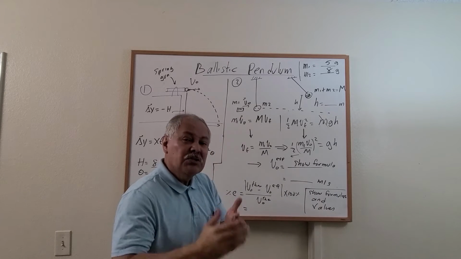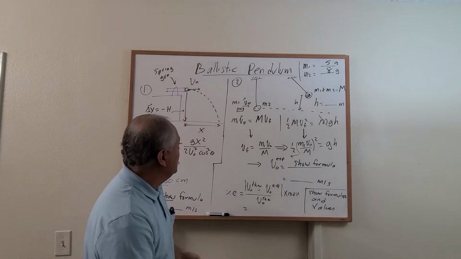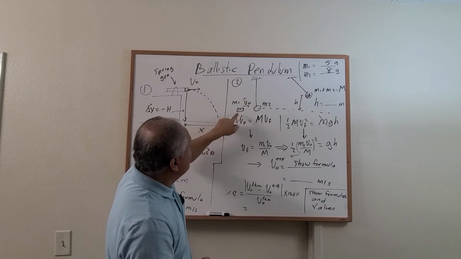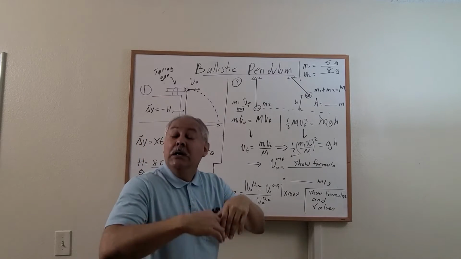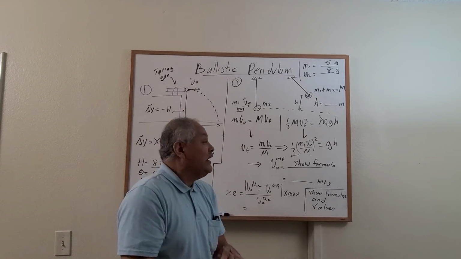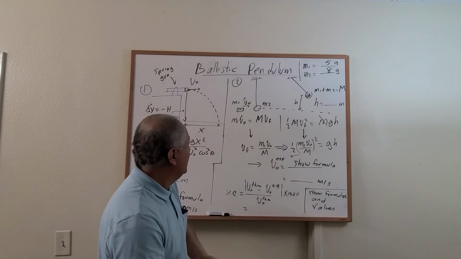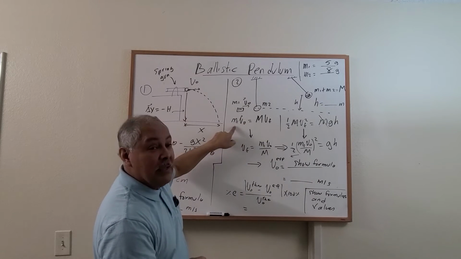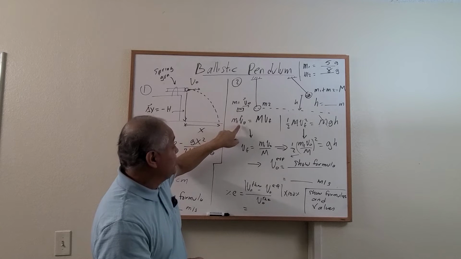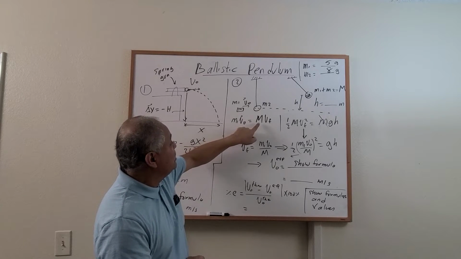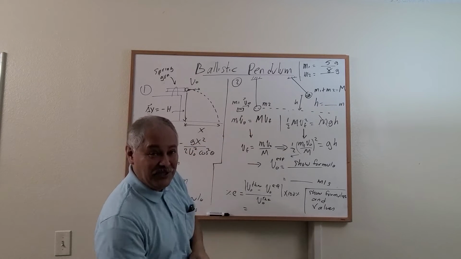Now, using conservation of linear momentum, it's found that the initial momentum before collision equals the final momentum after collision. That equation gives us that mass 1 times the initial velocity equals the total mass times the final velocity.